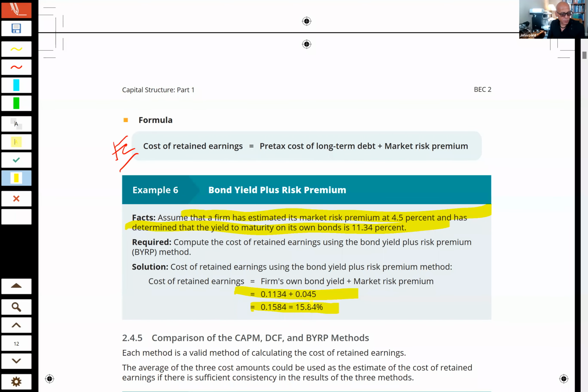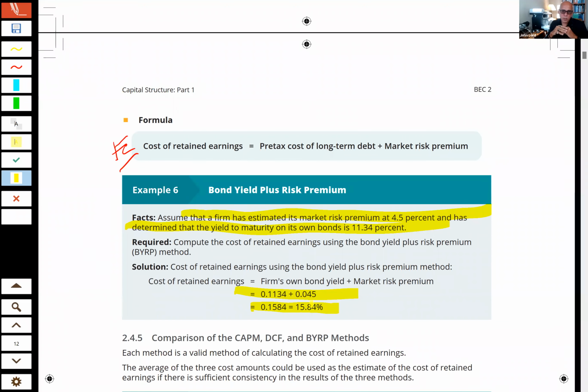Okay, any one of these would be ways of calculating the cost of retained earnings. I'm thinking that when you look at questions, they're either going to give you the elements for the common stock's cost, and then they may make you calculate the cost of the debt associated with the mix that they're talking about for the weighted average cost of capital.